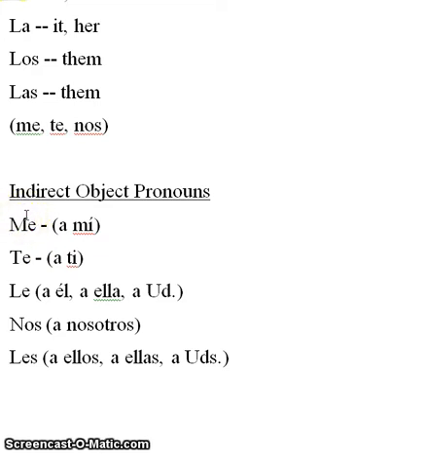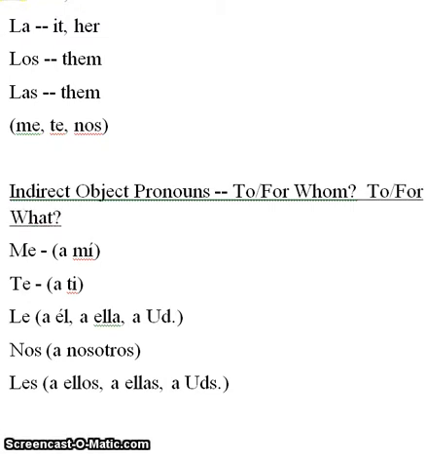If you have an indirect object in the sentence, one of these little words should appear in your sentence every single time. Will you have a clarifier? Not necessarily, but you should have one of these. Otherwise, your sentence does not make sense. Also, indirect object pronouns answer the questions to or for whom. They could also answer to or for what.